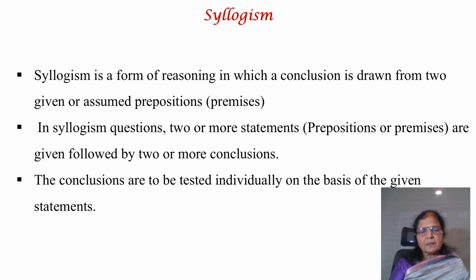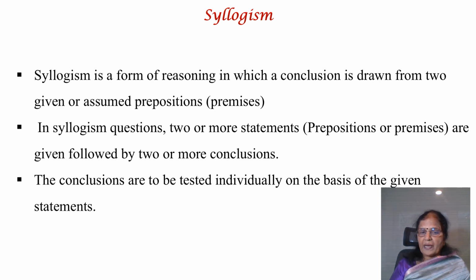And what is syllogism? It is a form of reasoning in which some propositions, which you can call statements or premises, are given. They are just sentences. In syllogism, statements are given, maybe one, two or three, from which a conclusion is drawn.